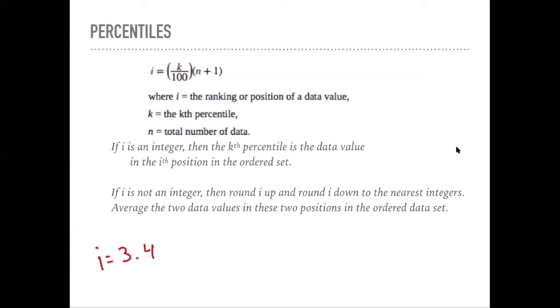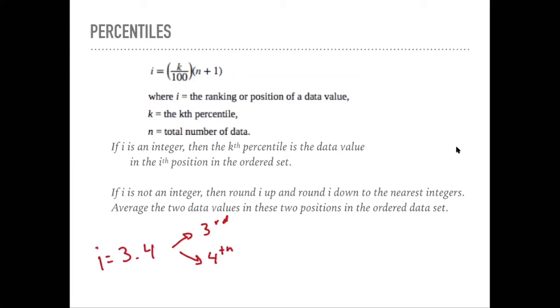Well, if I equaled 3.4, then that means we're going to look at the third and the fourth positions. Third is rounding down and fourth is rounding up.